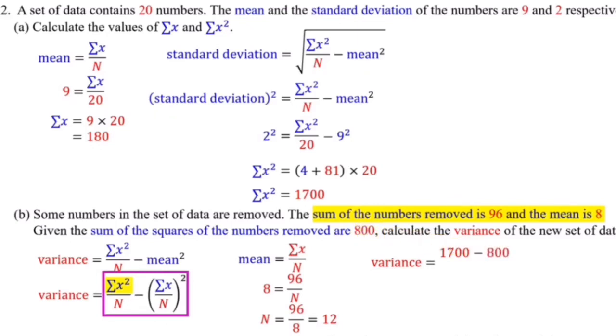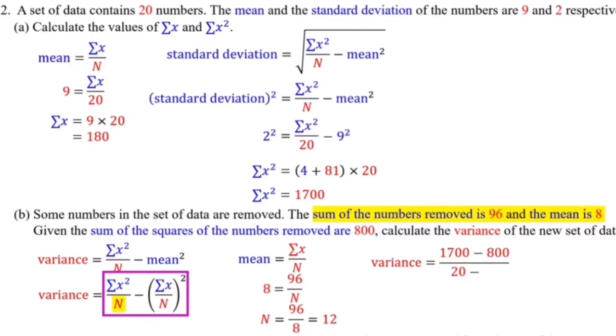So 20 minus 12, you only get 8 numbers. So this is the summation of data square over n.